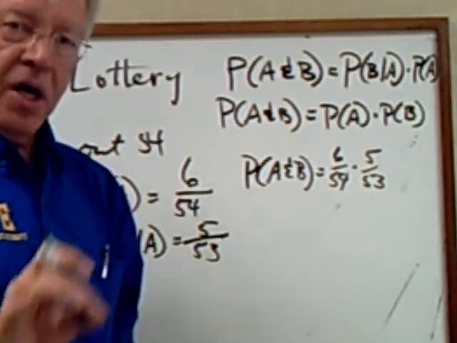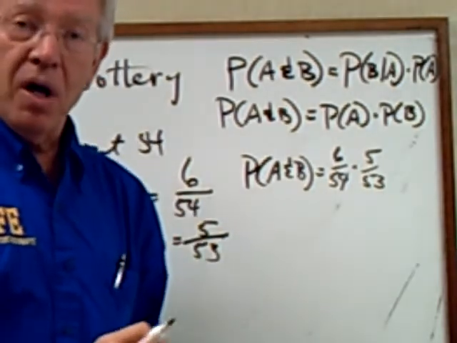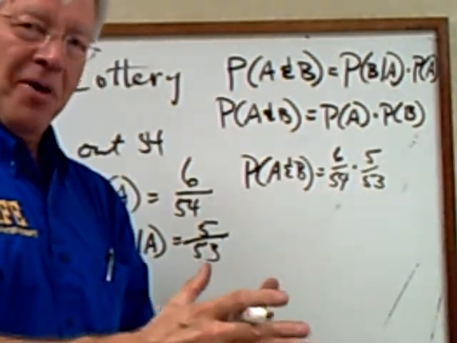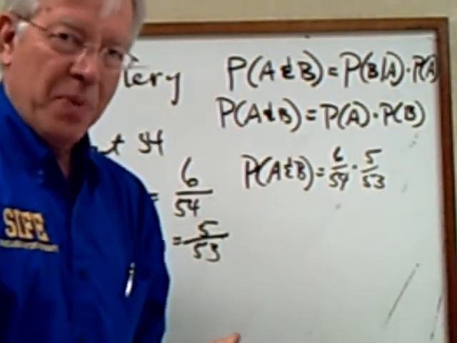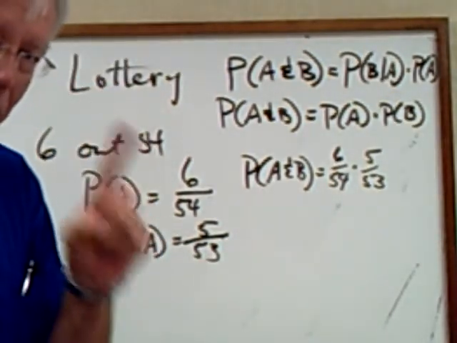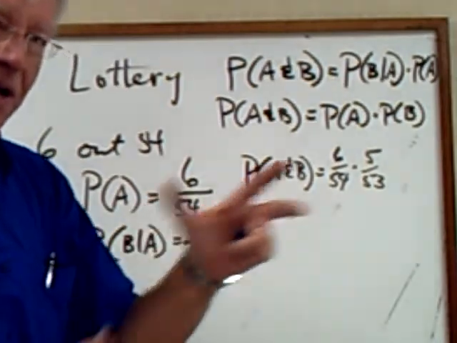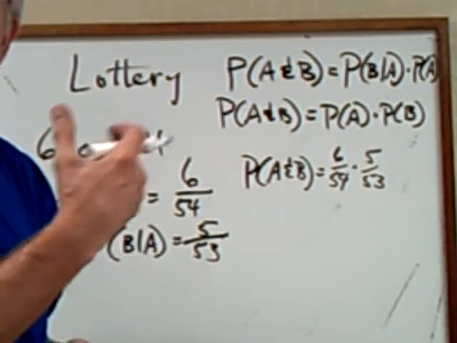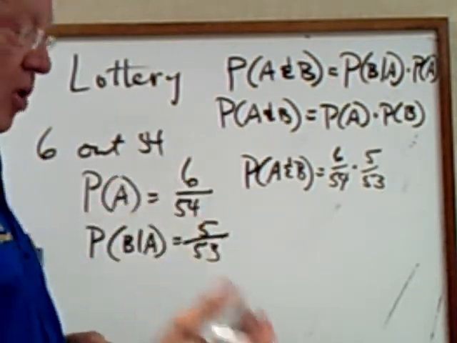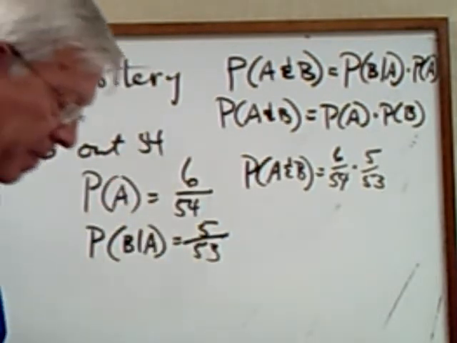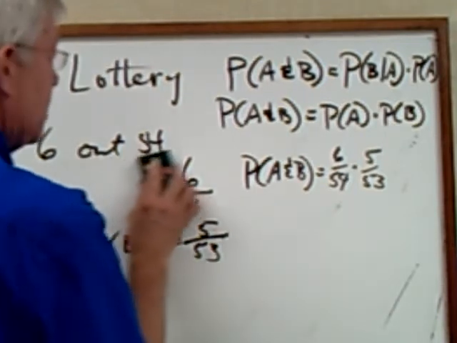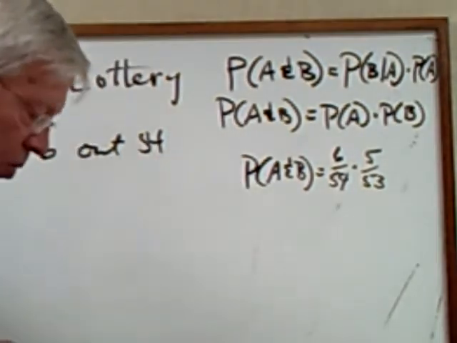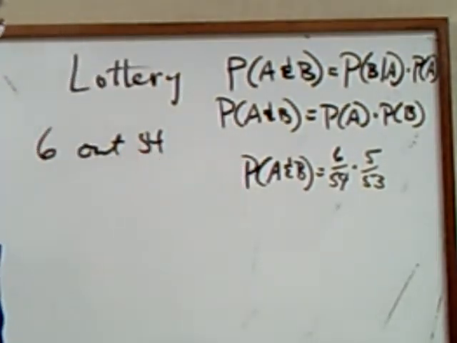Each draw is independent from the previous draw, assuming that it's done without replacement. I don't put one of those numbers back in. A number can only be picked once, then it's set aside, and the remaining numbers are used to pick the second draw and the third draw and so forth. So, when we look at this now, we're going to say, what is the probability that all 6 get picked?